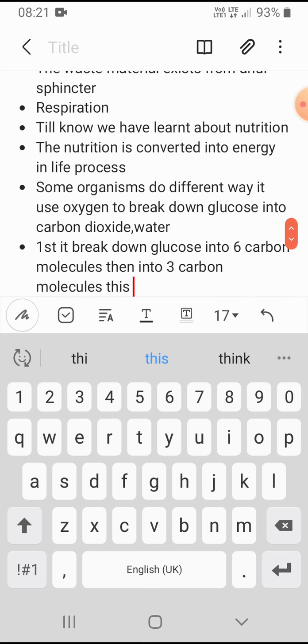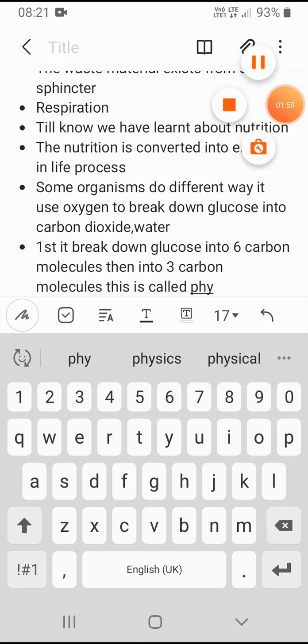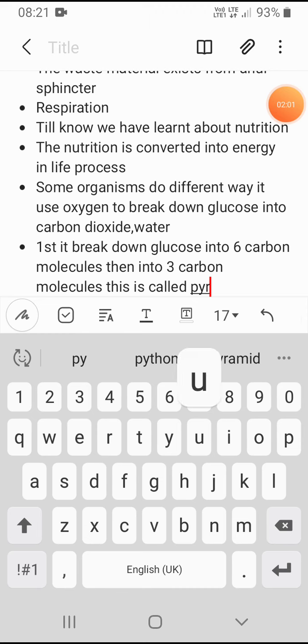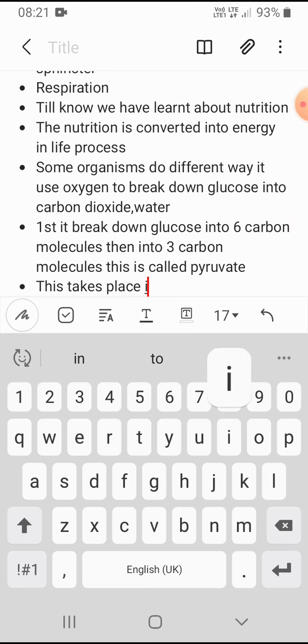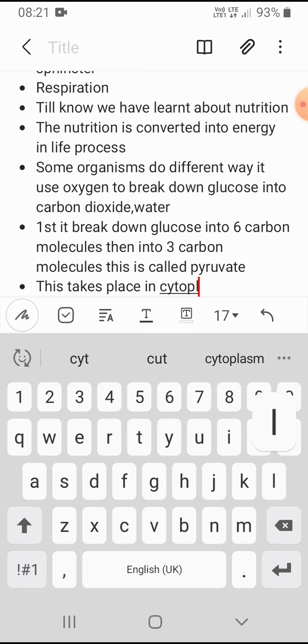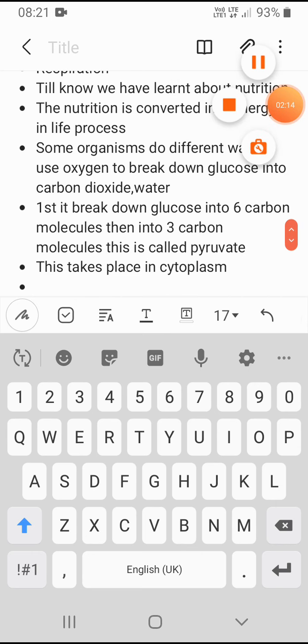This is called pyruvate. This breaking down takes place in the cytoplasm. In the cytoplasm, this breakdown takes place.